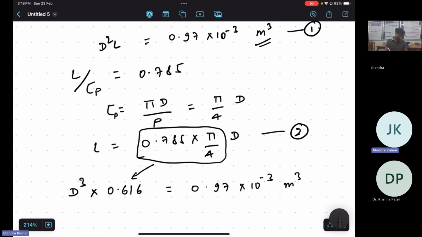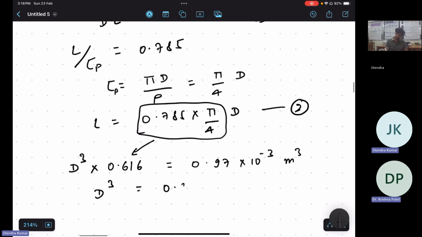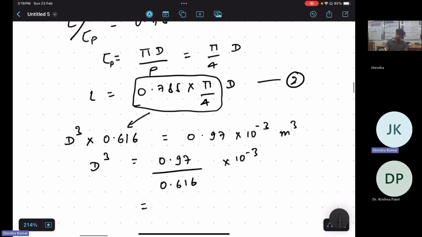Now d cube we can write as 0.97 into 10 raised to the power minus 3 divided by 0.616. It is 1.57 into 10 raised to the power minus 3. So this is the value of d cube.